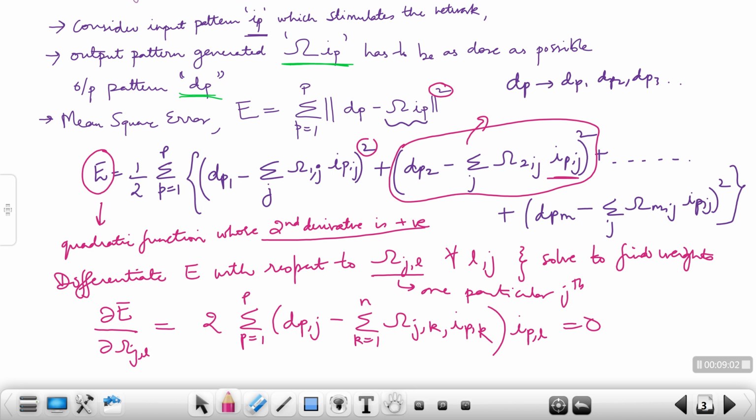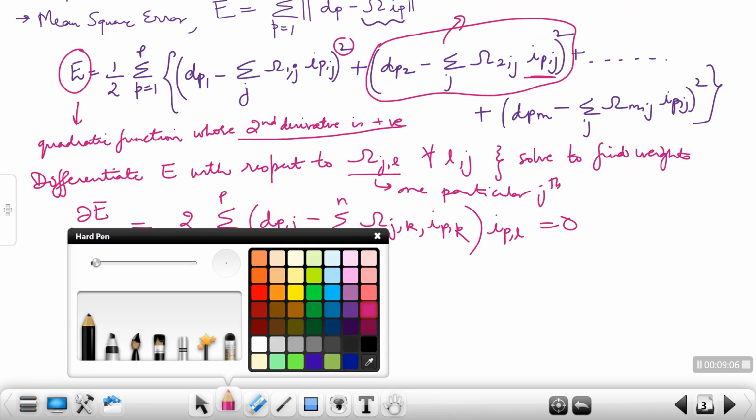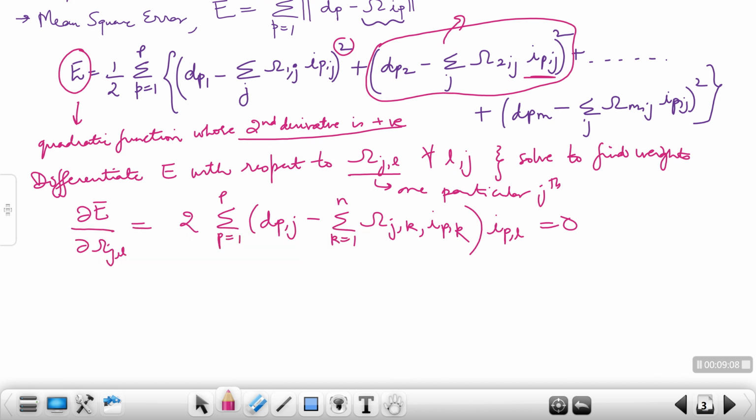Now we need to simplify this particular equation. So I am equating this to 0, because that is the procedure to find the minimum.